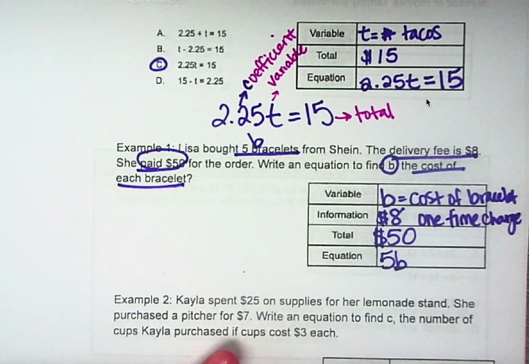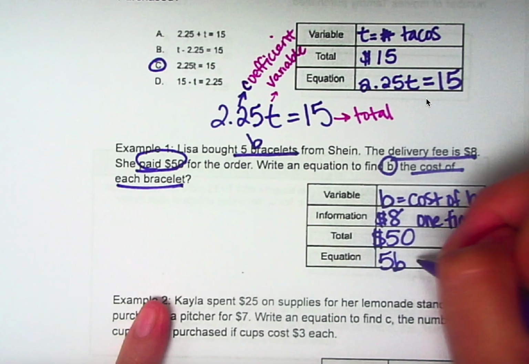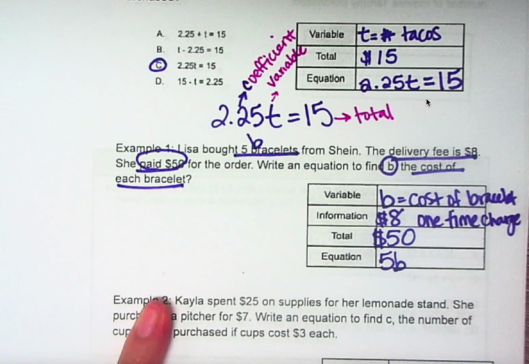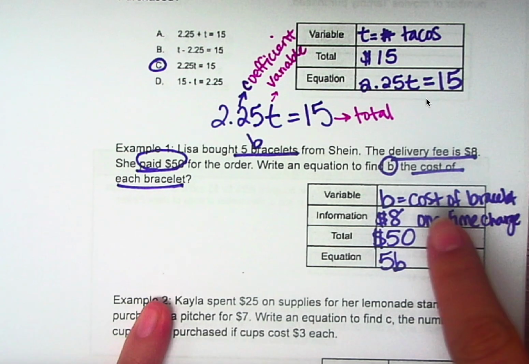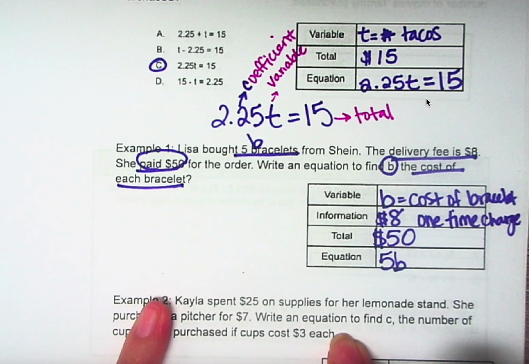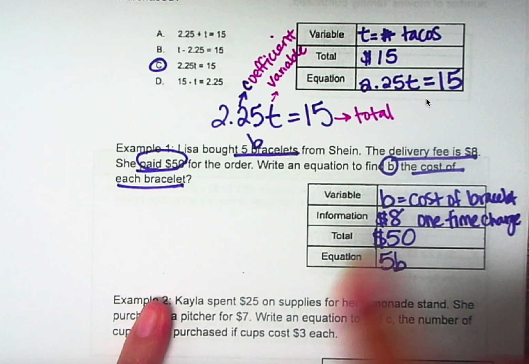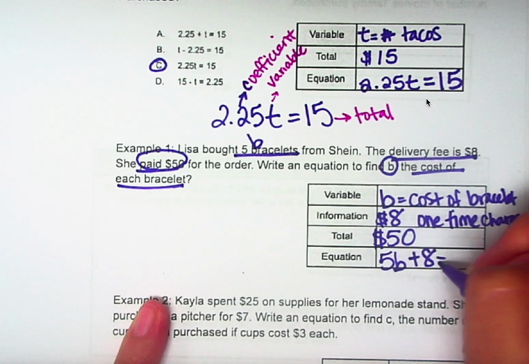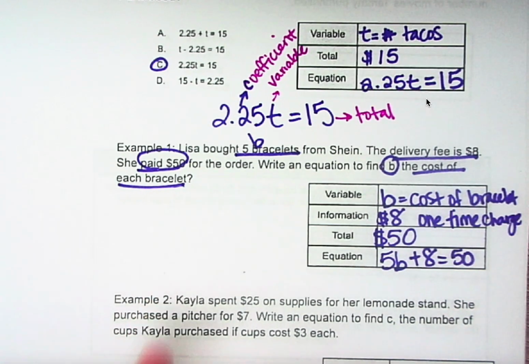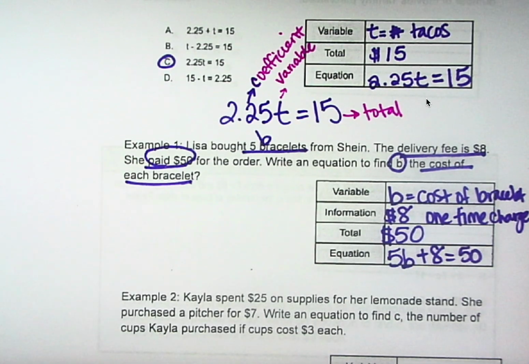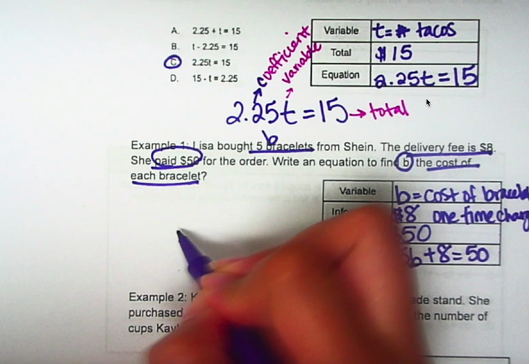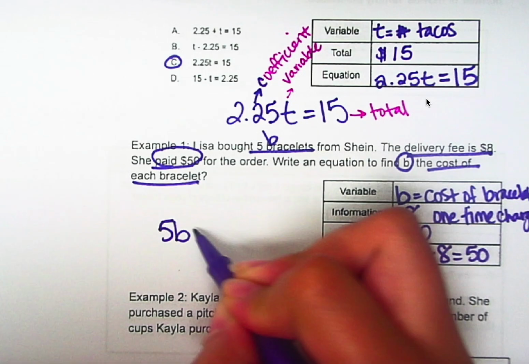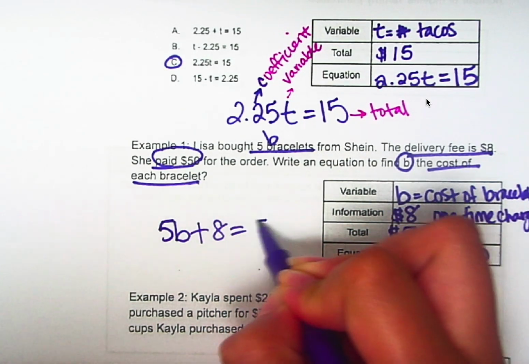So how many times am I going to add that $8 fee? Just once, right? Am I going to add it to the total, or am I going to subtract it from the total? I'm going to add it. And we've already said we have our total, which is 50. Okay? So let's go ahead and write this out so we can see the difference. Plus 8 is equal to 50.